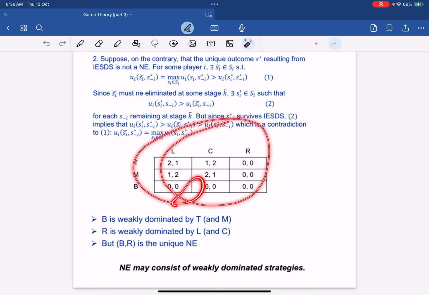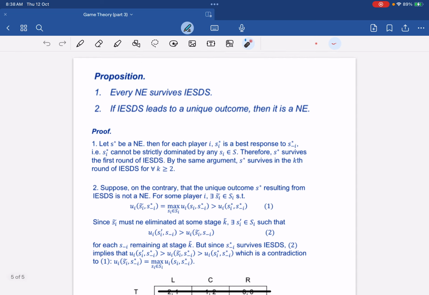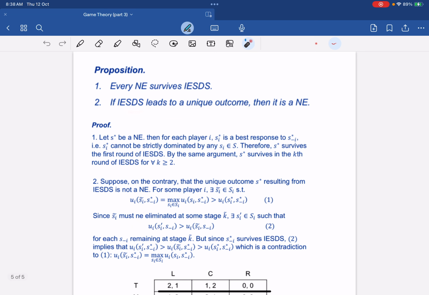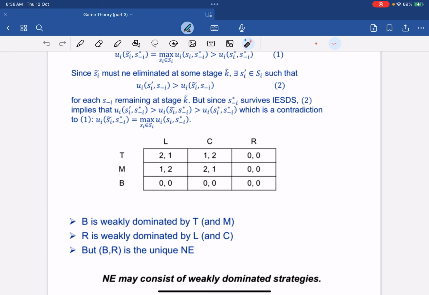In this case, you see that B is weakly dominated by T, and R is weakly dominated by L. But we still have a unique NE. So the NE may consist of weakly dominated strategies. So the IESDS gives us nothing because it's all weakly dominated. But there is still a unique NE, and this is due to the weakly dominated strategies.